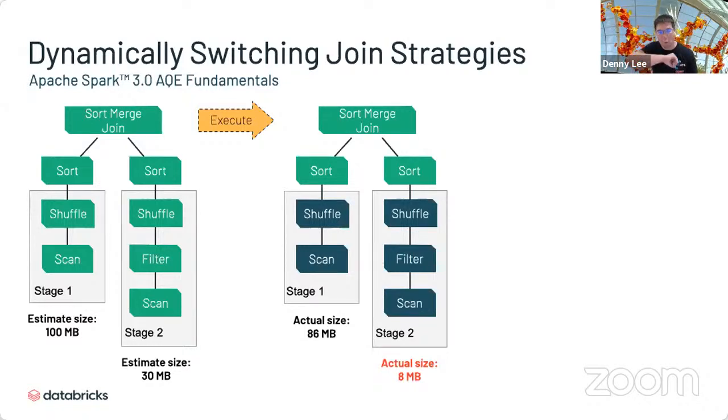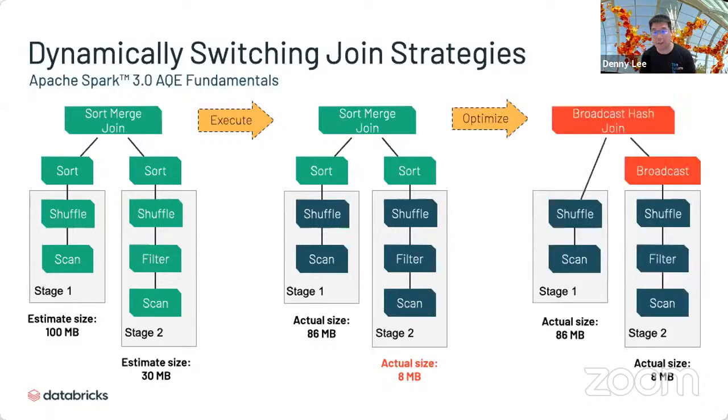When you execute it, though, this is where AQE, adaptive query execution, kicks in. It recognizes from the initial pass, from the statistics, that the actual size isn't 100 megabytes, it's actually 86. And for the join table, the smaller table, it's not actually 30, it's actually 8. So that 8 megabytes means, wait, if it's 8 megabytes, we can broadcast it. And that's what AQE does.